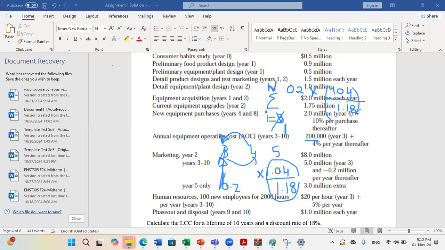This is the formula that I am using here, because the base number that I have, which is 0.2, was at year 3. So my reference now is year 3. I started to do the increment of 4%, I'm not doing it from the beginning.